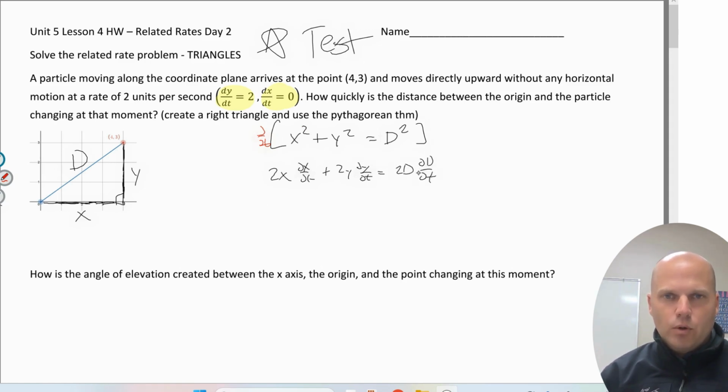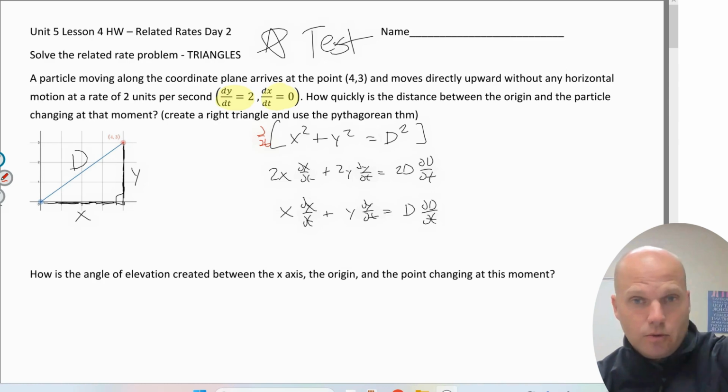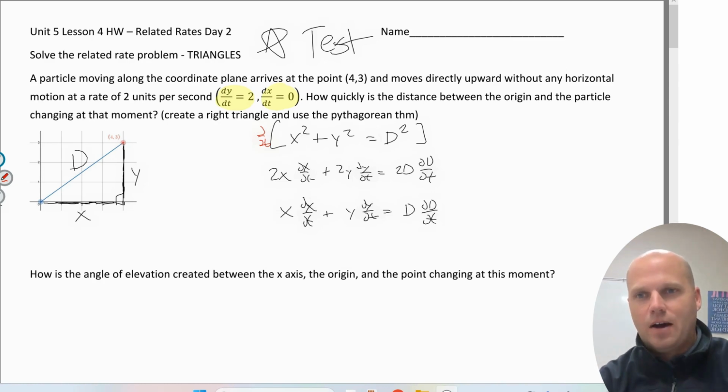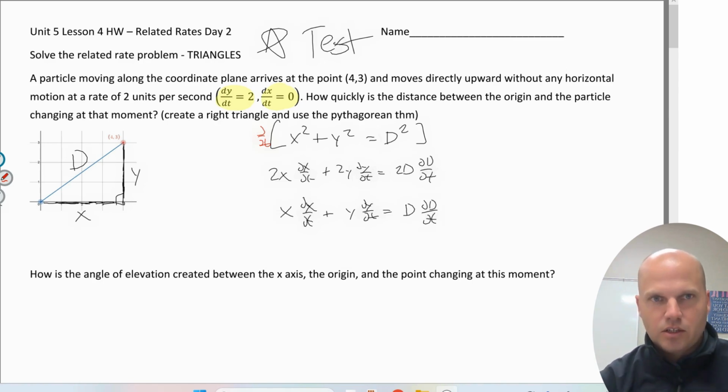However, we will see very quickly that the 2's can cancel. So we get this change equation: if you want to know how certain characteristics of this motion relate to each other in the diagonal relationship, you have this formula: x times how x is changing plus y length times how y is changing is equal to the diagonal distance d times how the distance is changing.